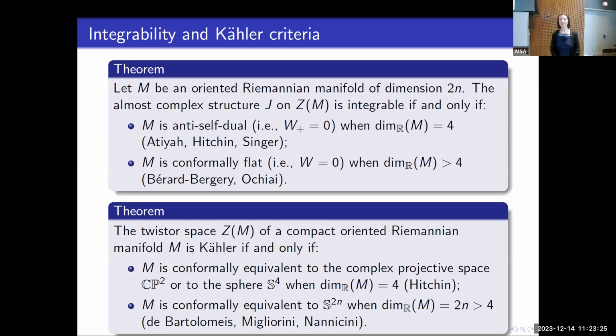In higher dimensions, it only happens when M is conformally equivalent to the sphere. But in real dimension 4, it only happens if it's CP^2 or S^4. And this is another classical result. Marco was asking the other day when the Twistor space is Kähler, and these are the answers.